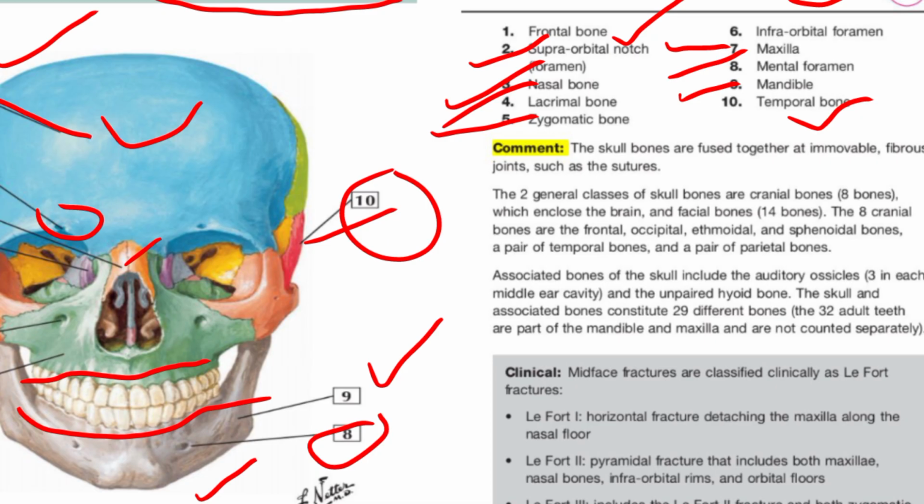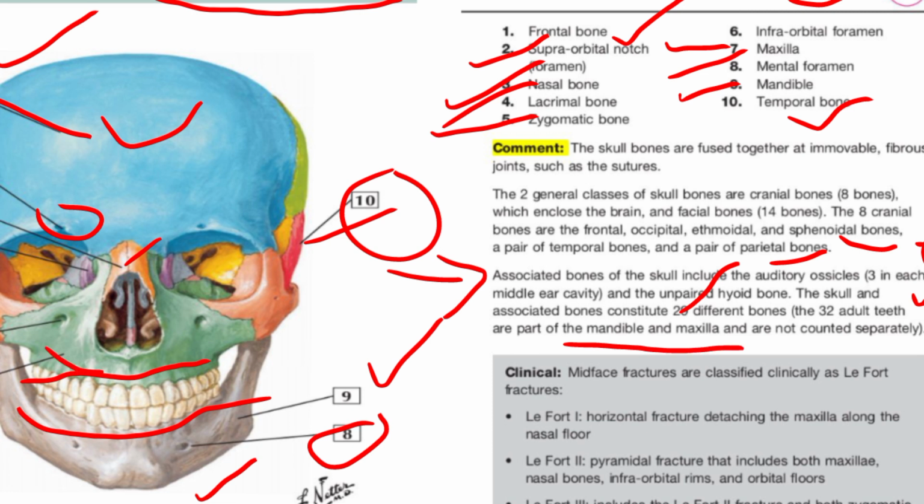Next, you can see associated bones of the skull include the auditory ossicles. They are present in the ear, 3 in each middle ear, which means these are 6 in number. The skull and associated bones collectively make 28 different bones. The 32 adult teeth are part of the maxilla and mandible.